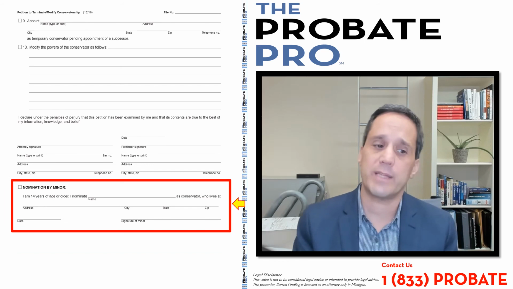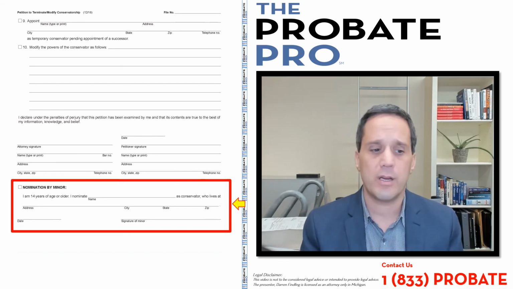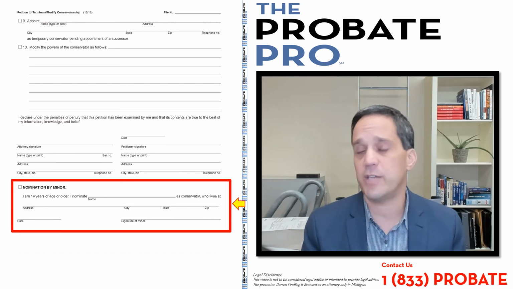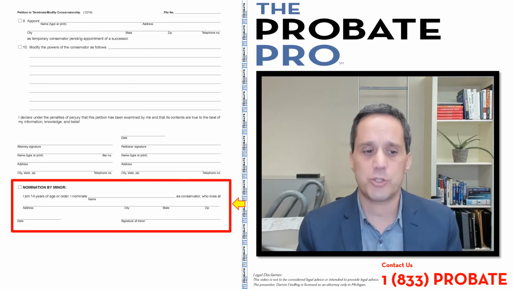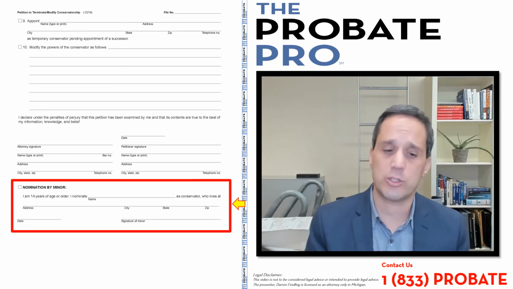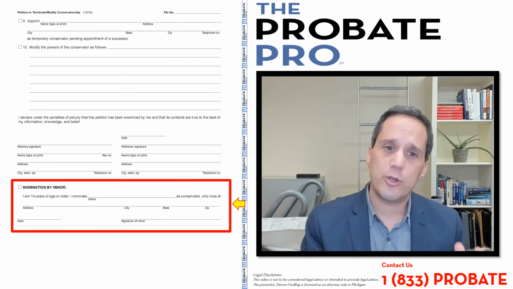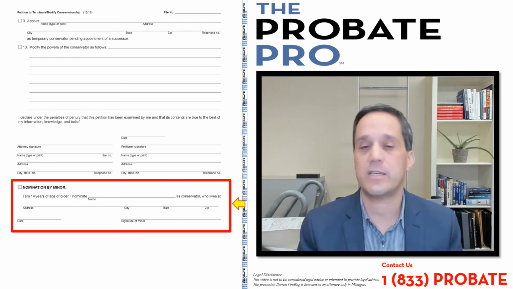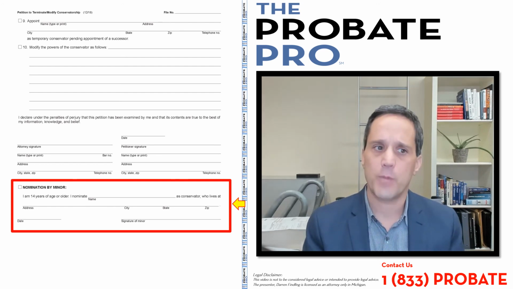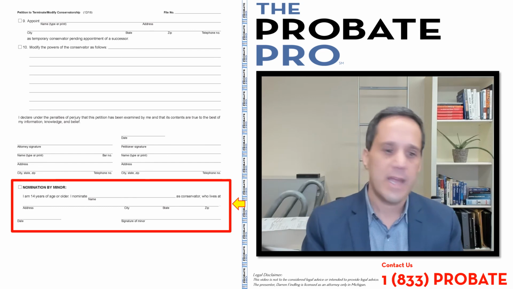This next section relates to if there's a minor, and that minor is 14 years of age or older, the minor has a right to make a recommendation, a nomination to the court. So for example, if you're modifying the conservatorship, the 14-year-old could identify who they'd like to be as the successor conservator. So this form has a lot of flexibility.